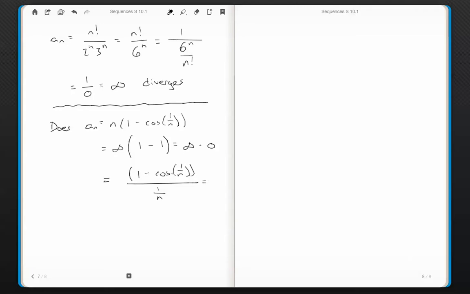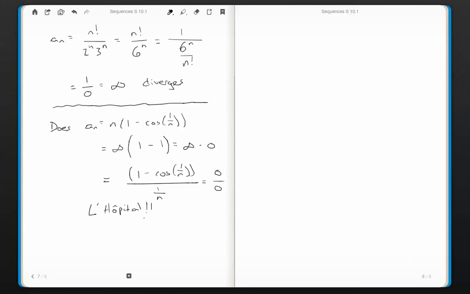We know that 1 over n goes to 0, cosine of 0 is 1, so 1 minus 1 becomes 0 over 0. So we took this indeterminate form with which we cannot use L'Hopital, and now we can. So we can use our old friend L'Hopital again.